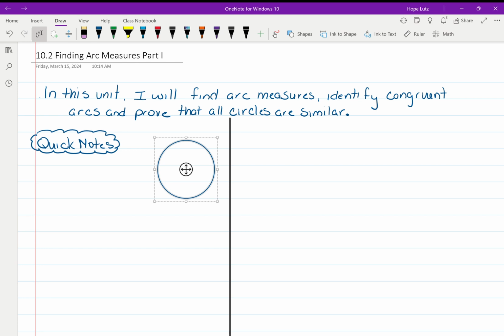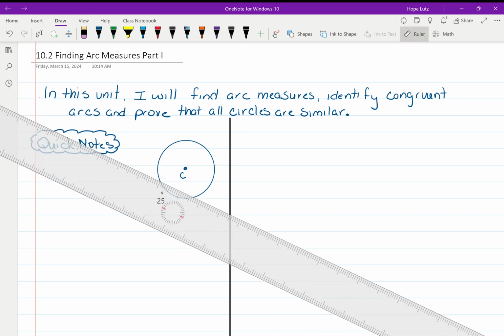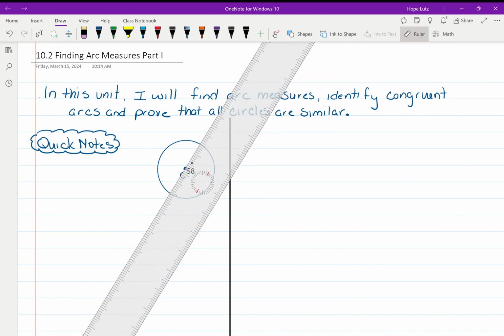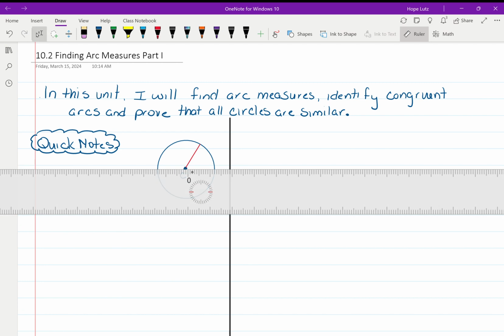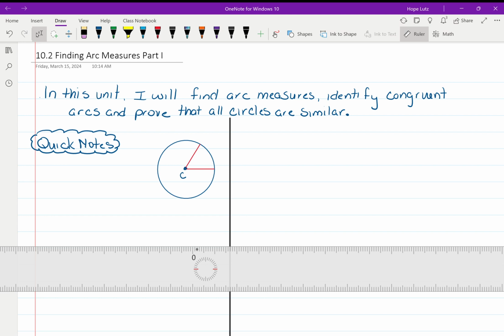So go ahead and draw a circle, and we're going to put our center of our circle, which is going to be C. And then we're going to draw some radii coming out. And then we're going to label those A and B.